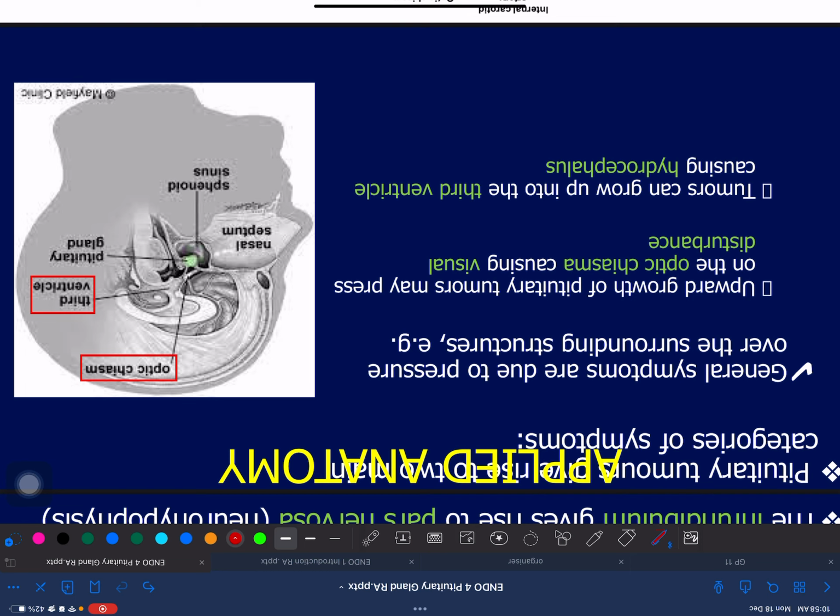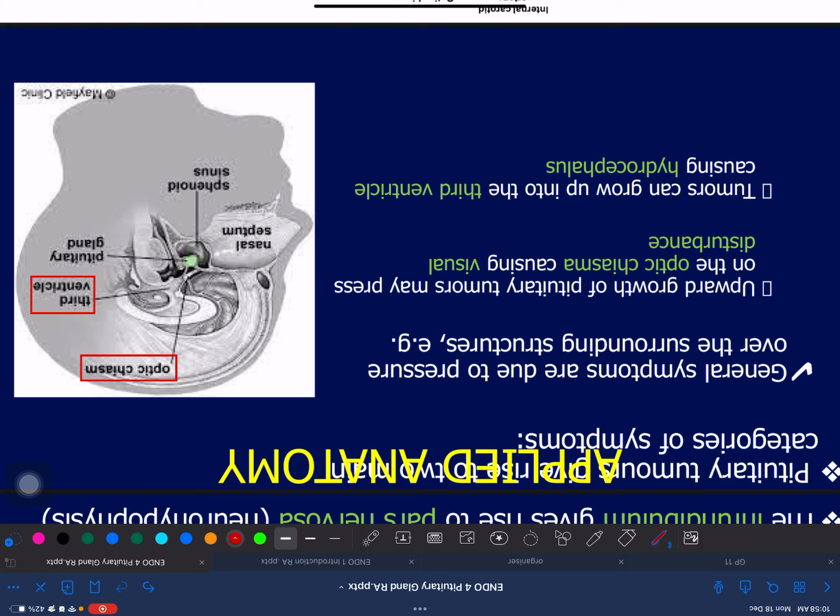Later in the second semester, in the CNS cranial nerve lectures, you will learn about disturbance of the optic chiasm and optic nerve. The optic nerve pathway is long and involves the optic chiasm. Progressive involvement at the optic chiasm can cause eyesight problems.